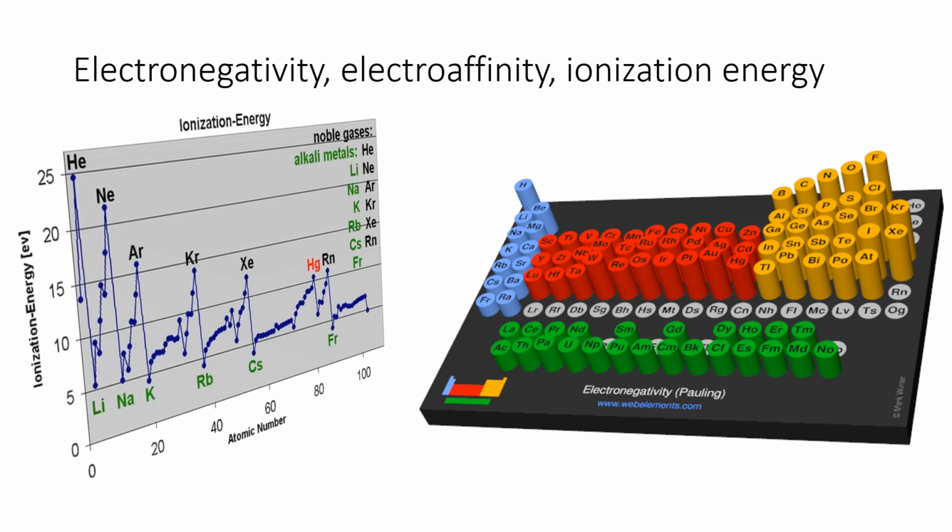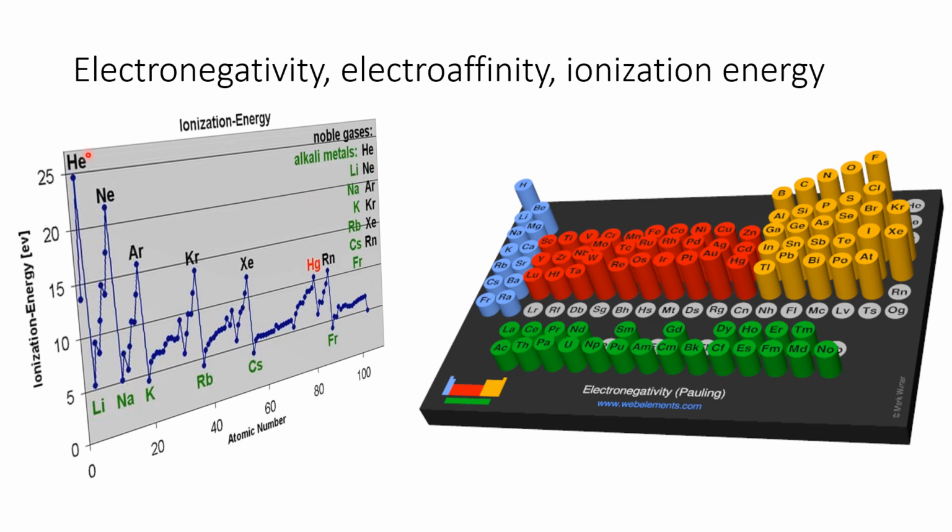Now we're going to go to ionization energy, which is the energy needed, or used up, when an electron is being removed from an element, so it can become a cation.